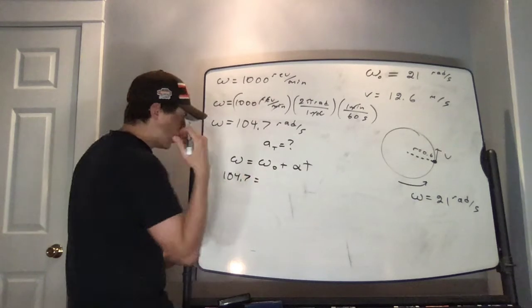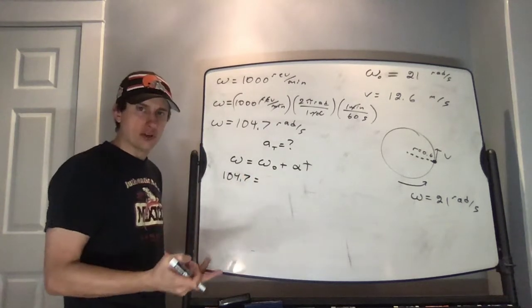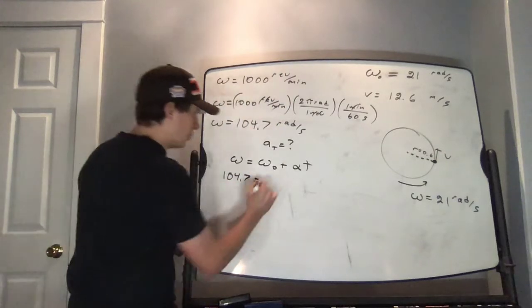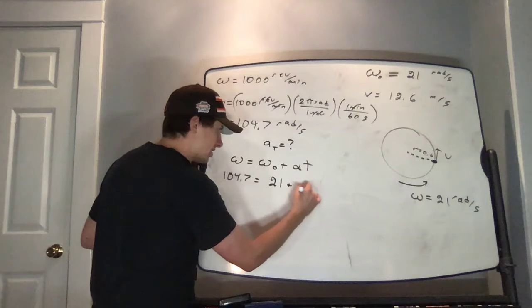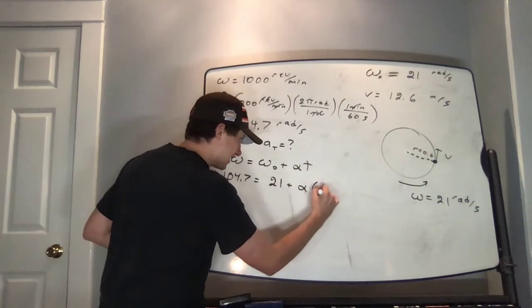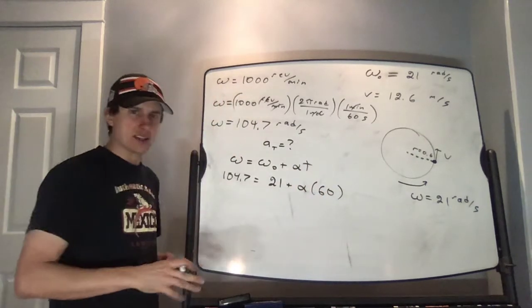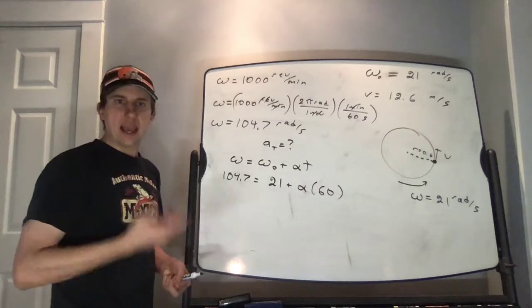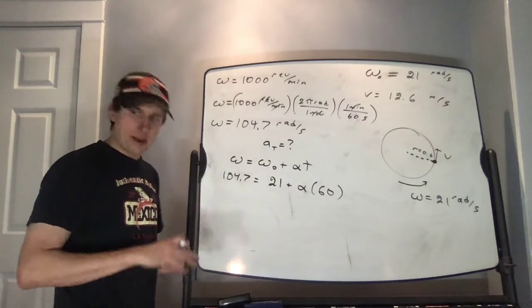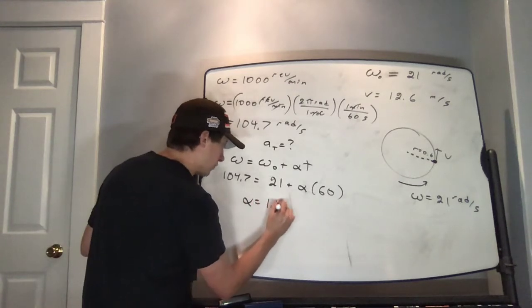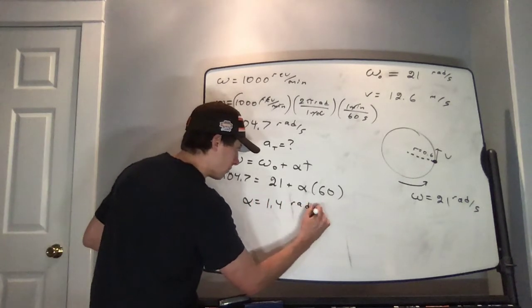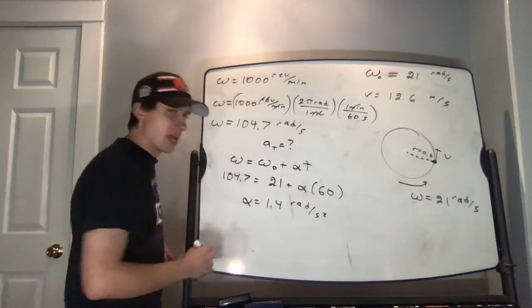Omega initial, the initial rate at which the wheel is spinning, is 21. And t here is going to be 60 seconds. When I solve for the angular acceleration of this problem, I find that the angular acceleration alpha is 1.4 radians per second squared.